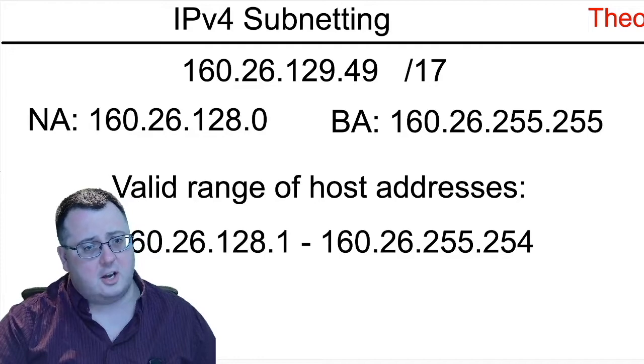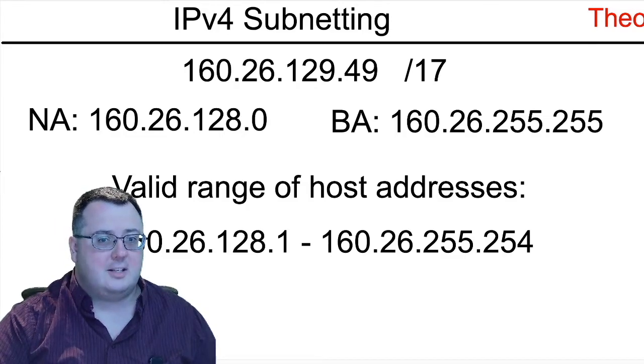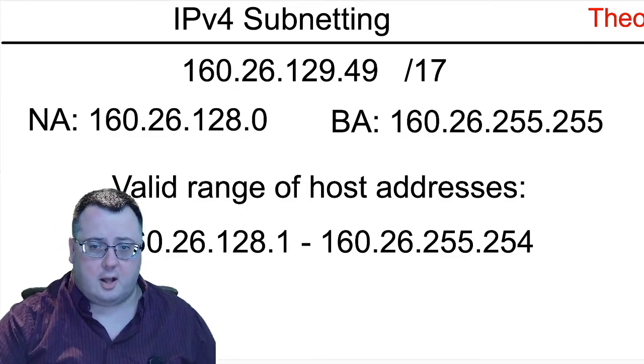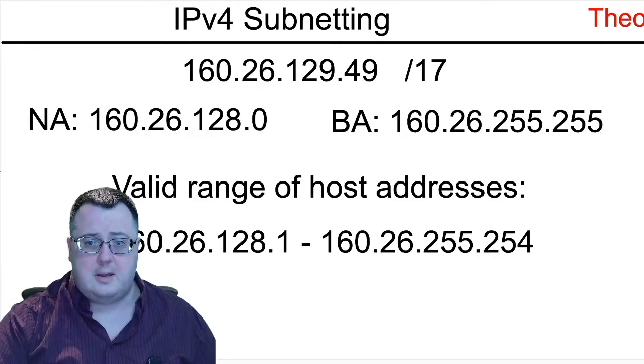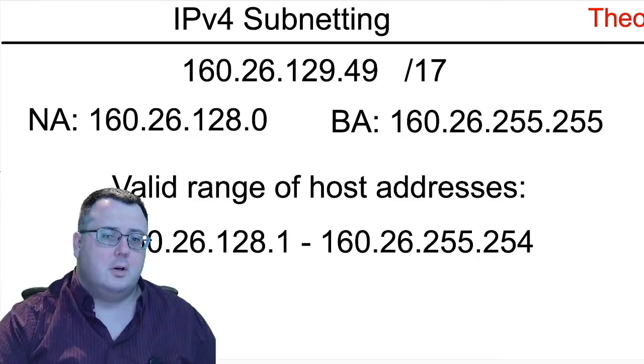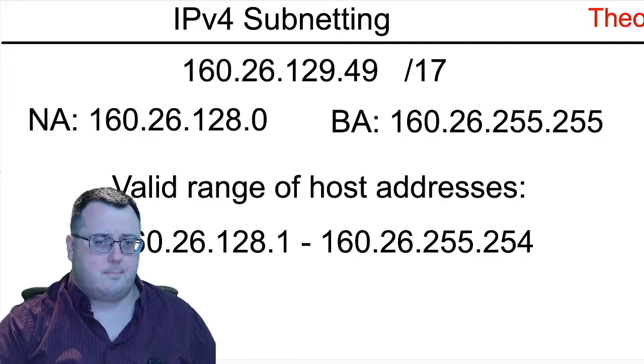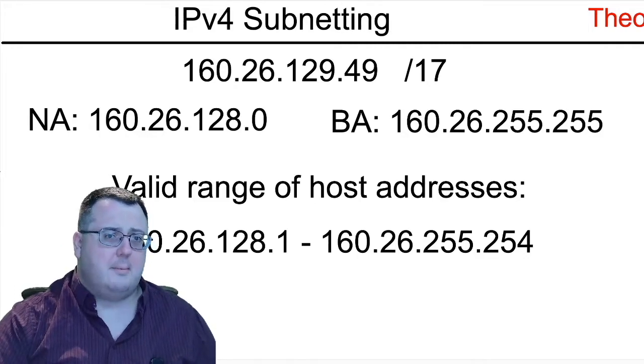So the first host that could be on that range for subnetting is 160.26.128.1. And the last host address will be 255.254, because we cannot use a broadcast address as a host address. So there's 2 less than the full range of valid hosts. Okay, I hope that makes sense.